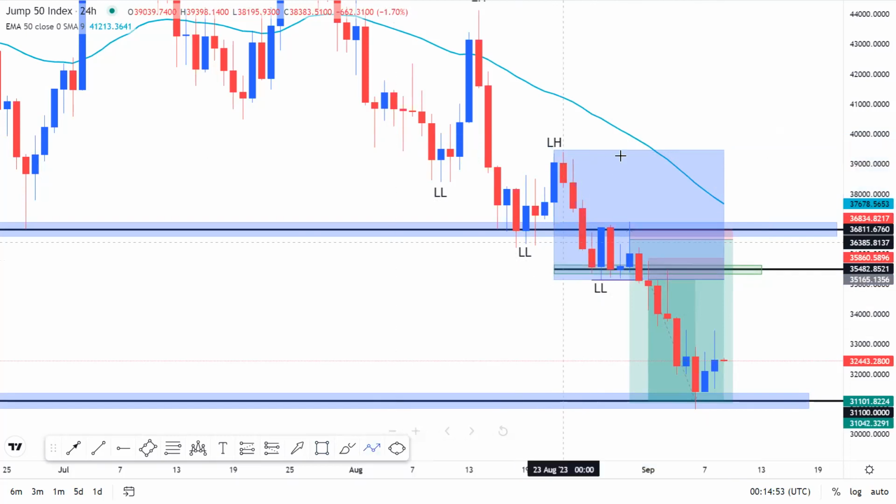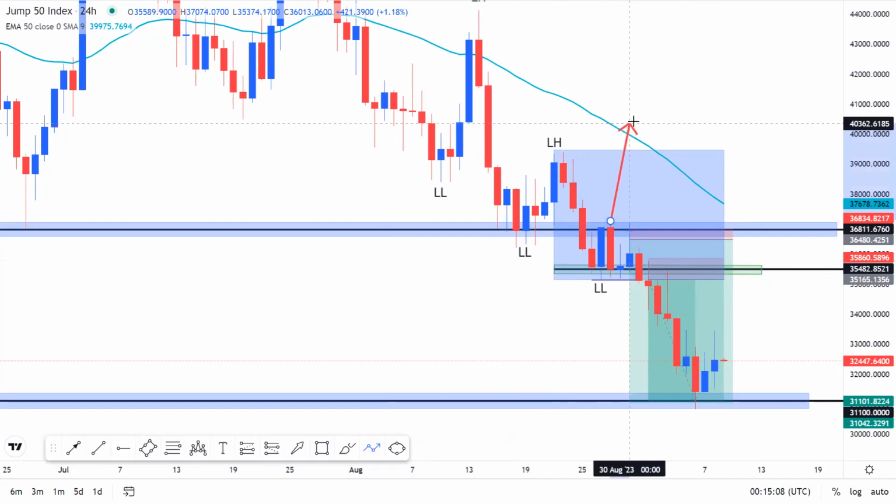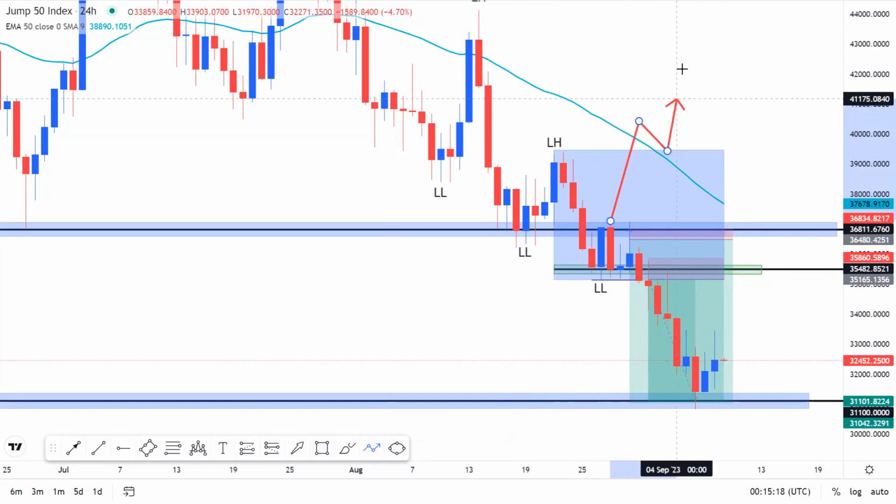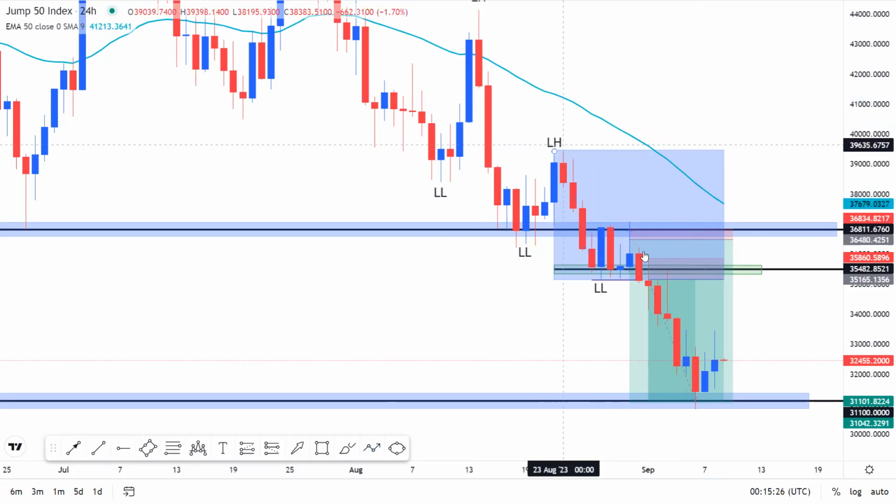Because when price goes anywhere past this level, we no longer want to be looking for selling opportunities anymore, as that would signify that the market's direction has changed from bearish to bullish. So anywhere within this level is where I want to identify my area of interest.